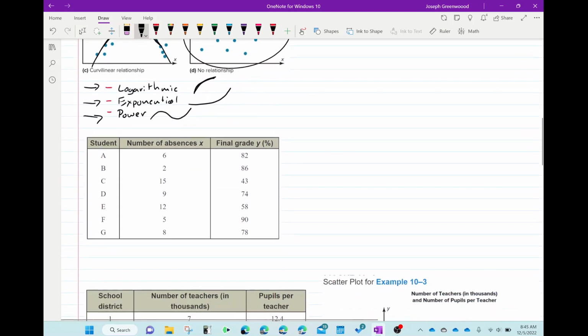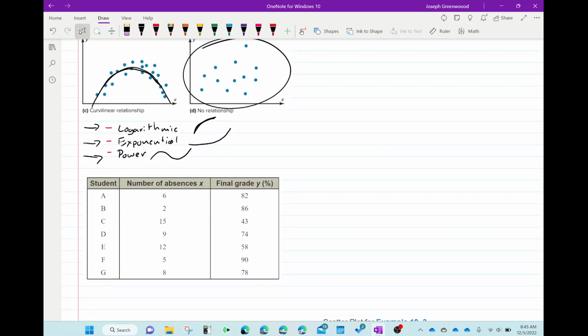Well, let's go ahead and take a look at another example here. In this case, instead of taking a look at number of hours studied and the final grade, what about the number of absences and the final grade? So my x's still, I'm going to go from 0 up to the largest value here, which is 15. So maybe I will count by 2's: 2, 4, 6, 8, 10, 12, 14, 16, 18.